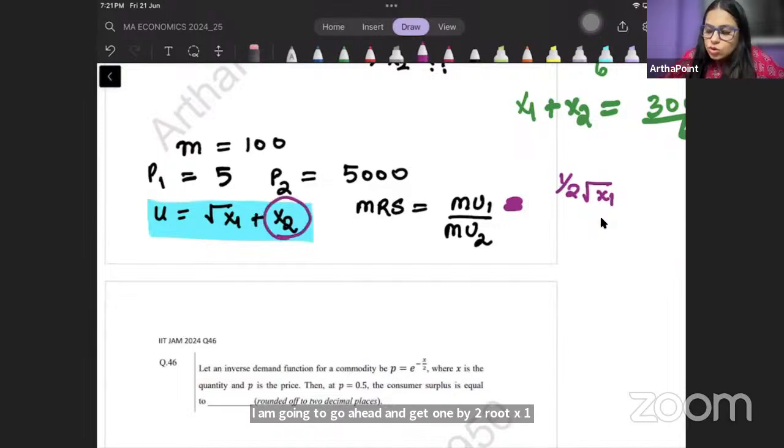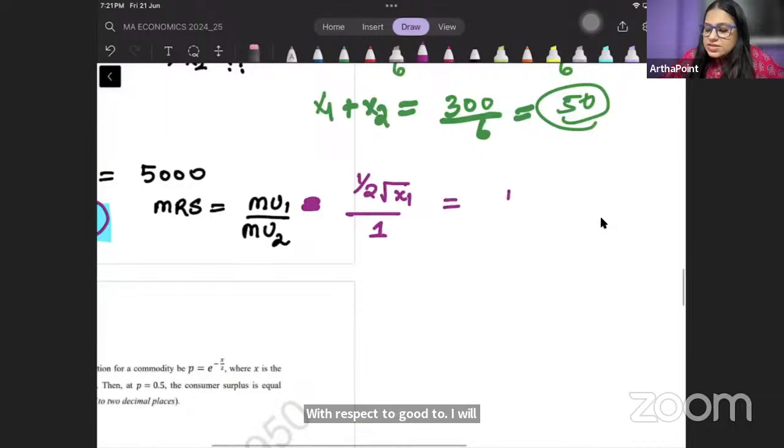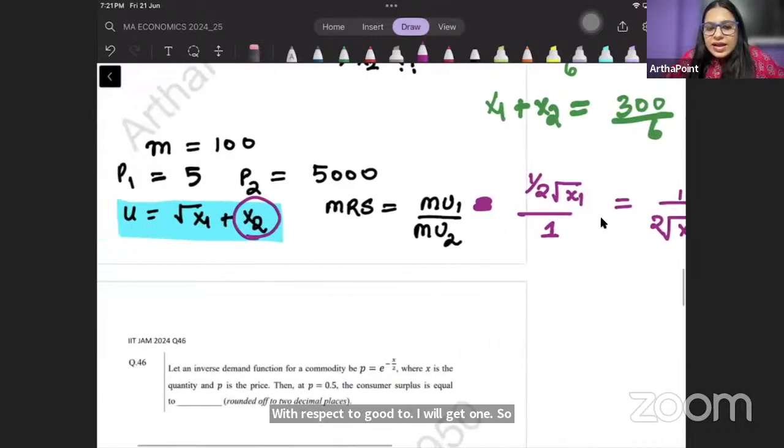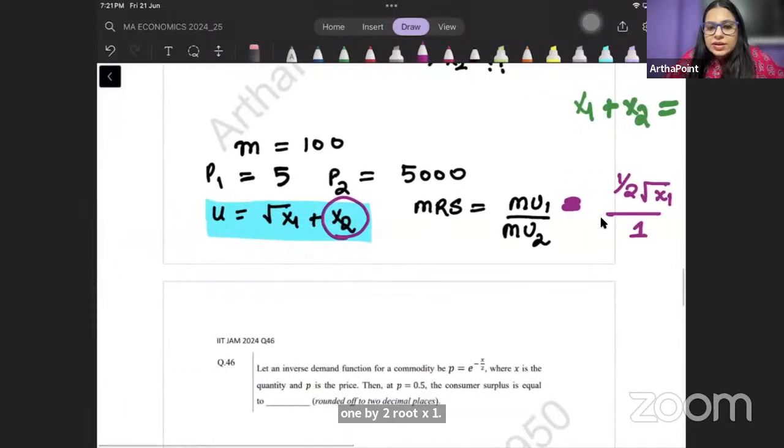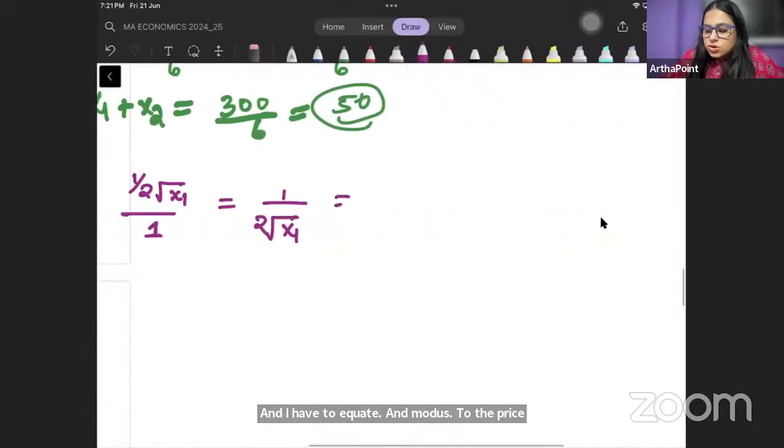With respect to good 2, I will get 1. So my MRS is 1 by 2 root x1. And I have to equate MRS to the price ratio, 5 by 5,000.